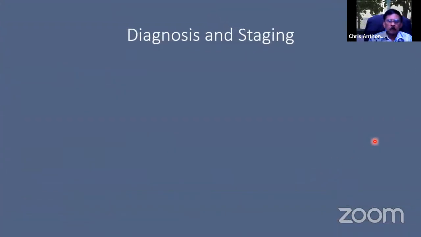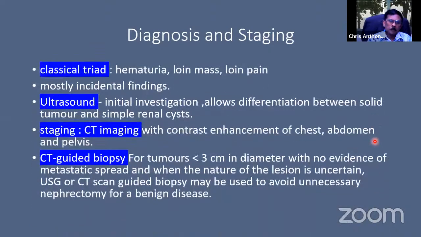Next, we come to the diagnosis and staging of renal cell carcinoma. The classical triad of hematuria, loin pain, and loin mass are found only in 25% of the patients. The vast majority of them are diagnosed on incidental findings, especially incidental ultrasound for other abdominal conditions.